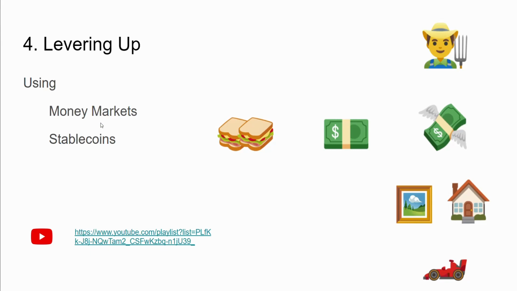And where the levering comes up is where you take the asset that you've either borrowed or minted and you put it to work. So we have this idea called yield farming, where you take your ETH and you use it to borrow some US dollars, and then you take those US dollars and you put them in some sort of place that rewards you with a utility token or a reward token.